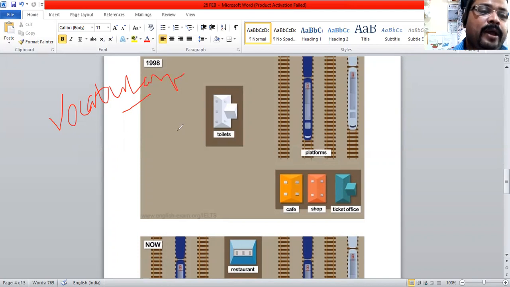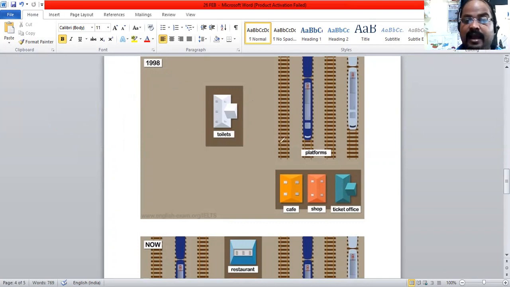Okay, now in 1998, what you can see here in the maps is that the Pacific Railway Station had very few facilities compared to at present. You had 4 platforms there, and these 4 platforms end towards the south.